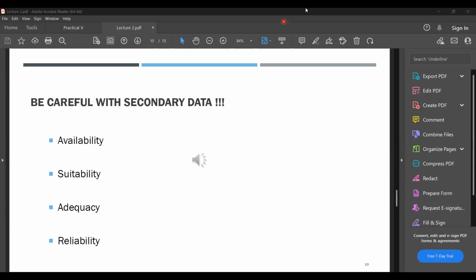Assume that you have 2 secondary data sets, right? The same variables have been considered, and one has been collected by a certain group of school children, and the other data set has been collected and prepared by statisticians in the Department of Census and Statistics. So which is the most reliable data set?